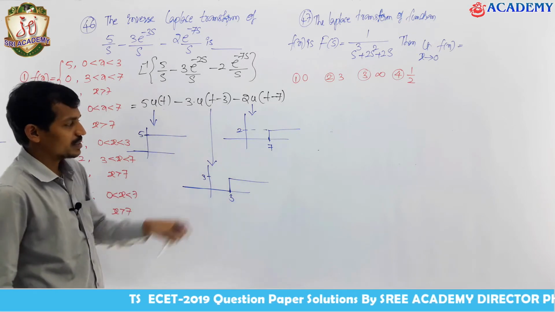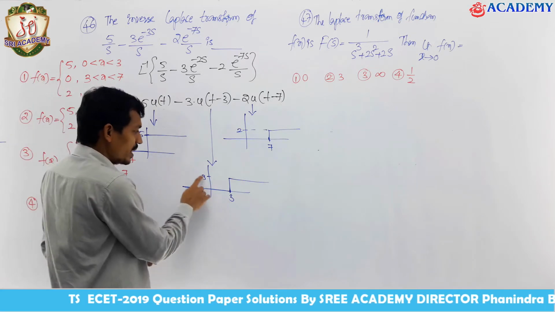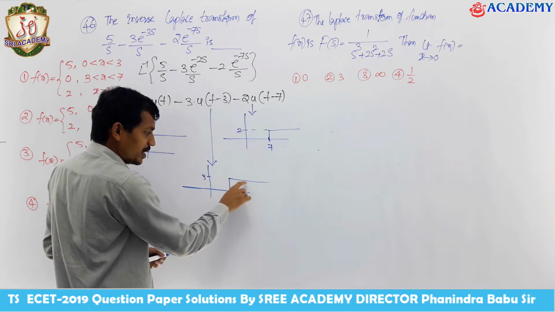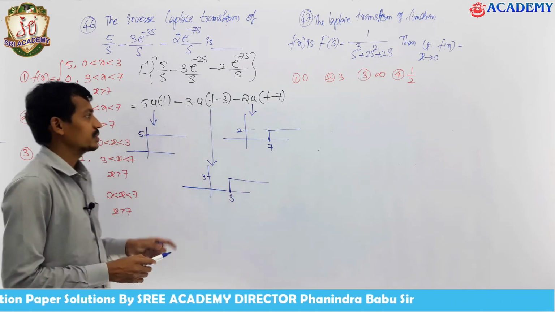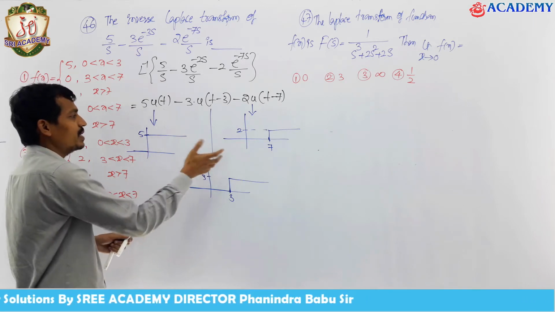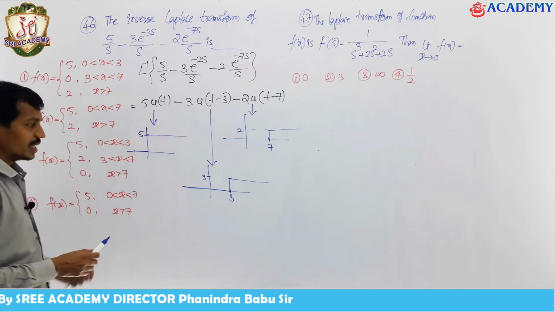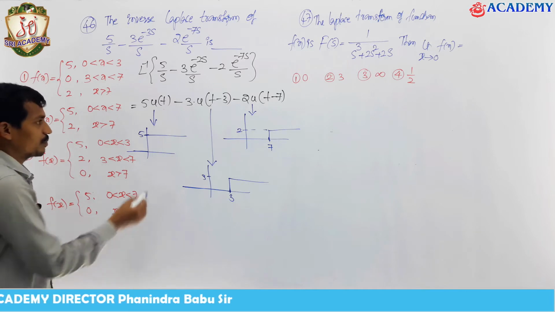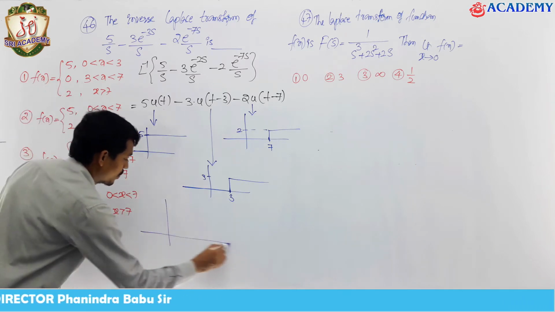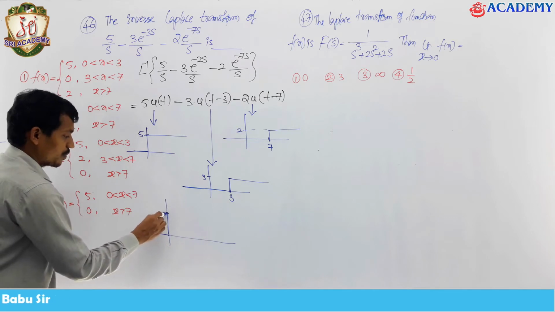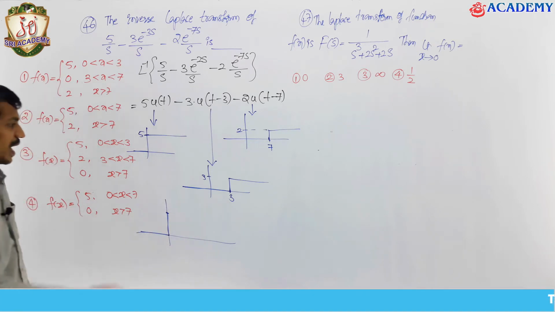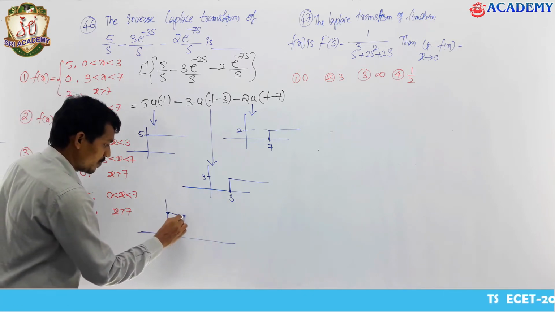Combined, since we are subtracting, the value is 3 after 3 and after 7 it is going to be 2. We are eliminating the values here. From 0 up to 3 it is going to be 5.